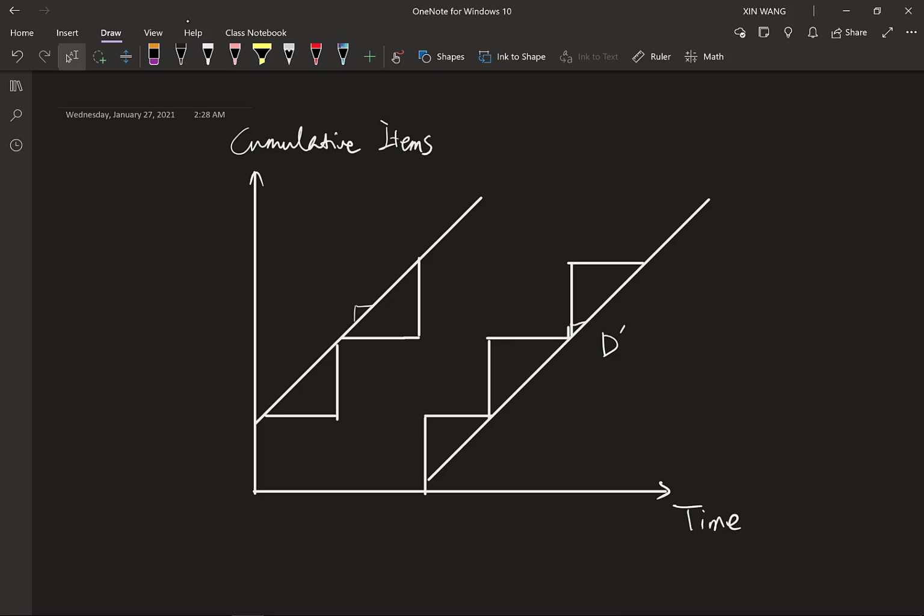Another assumption is that the headway for each dispatching is equal. That also means the loads are equal.